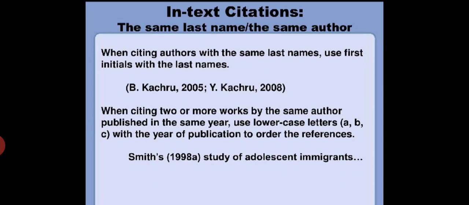Y. Kachru is someone whose first name starts with Y, and B. Kachru's initial is B. So these are two different authors. When citing two or more works by the same author published in the same year, use the lowercase letters a, b, c with the year of publication to order the references. For example, Smith's 1998a, A Study of Adolescent Immigrants.